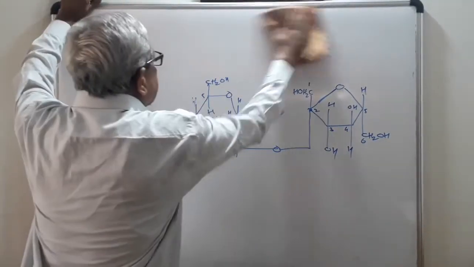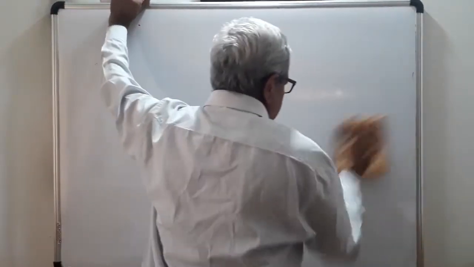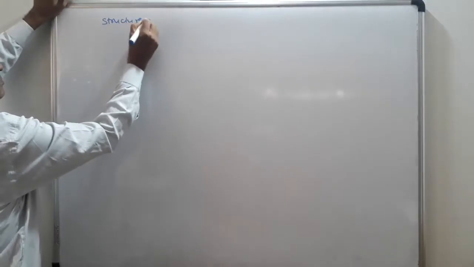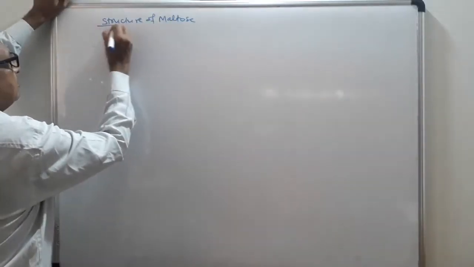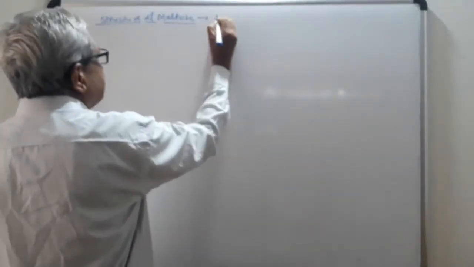So write the title, second point, structure of maltose. It is a disaccharide.